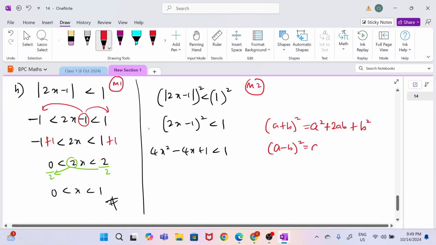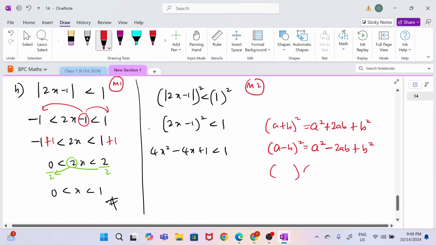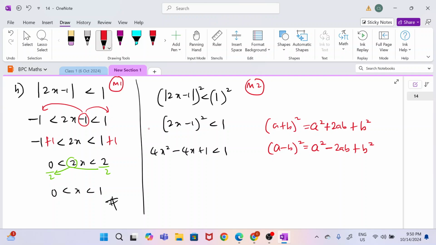Minus means A square, always plus B square, and the middle you put a minus, 2 times A times B. That's how you expand a quadratic. Any square you want to expand, you can expand like this. Or if you don't understand this, you can always do 2 brackets, 2 factors, and then multiply 1 by 1. That also can be done.